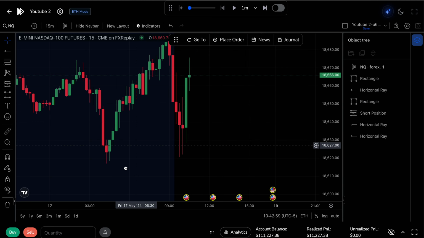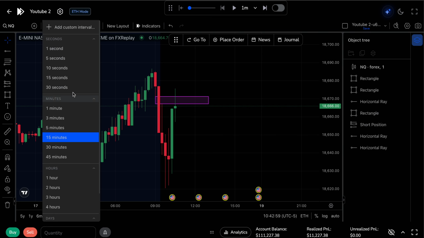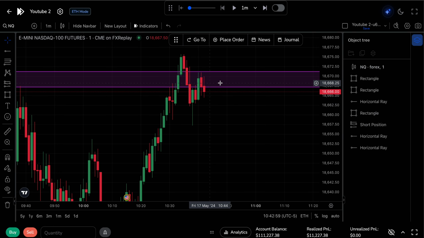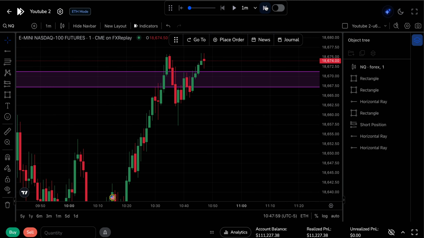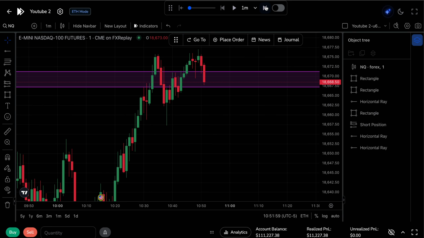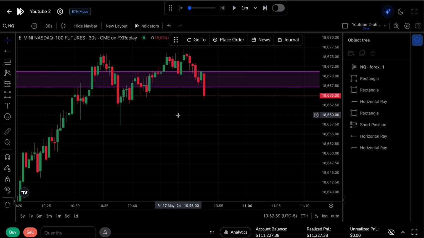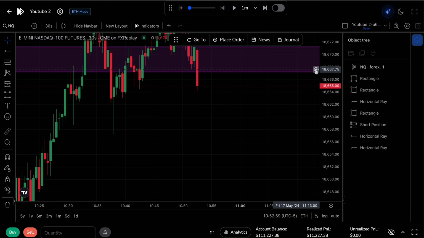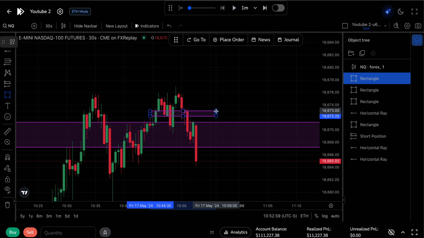Still have conviction for these lows. And a 15-minute bearish gap here. If we get a decent move down on this next candle. Nope. Okay. Don't know why we want to go higher, but inverse is 30-second.